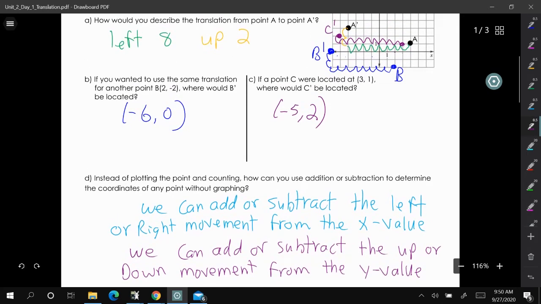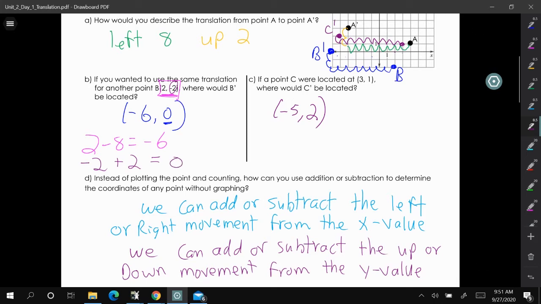So if we look at our examples here, for B, 2 and left 8 was minus 8, that gives us negative 6. And then for the y-coordinate, we could do negative 2, because it's the y-coordinate we were given, plus 2, and we get 0, which is what we got when we counted.